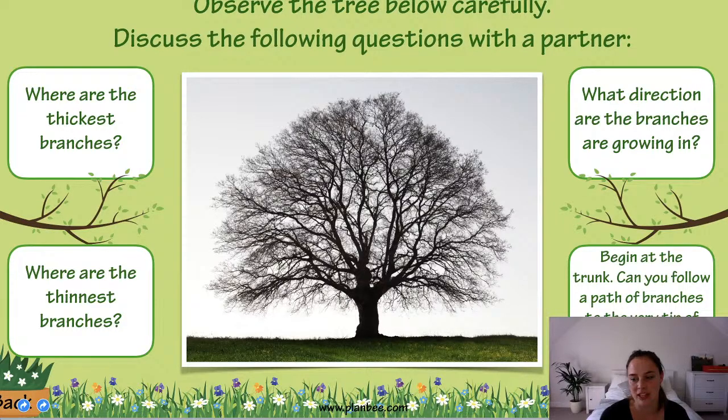having a look at this picture, we can see that the thickest branches are more towards the bottom of the tree, aren't they? They're the bigger parts of the tree where the trunk is, and that's what keeps the tree stable and so that it doesn't blow over in the wind. And someone has said that the thinnest branches are right at the top. You're right.